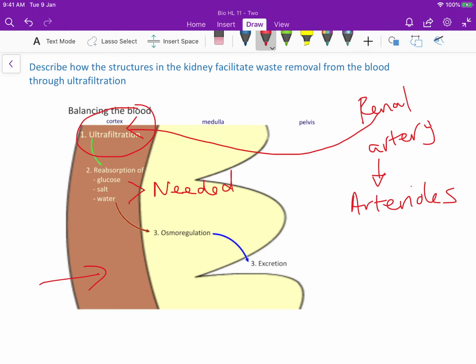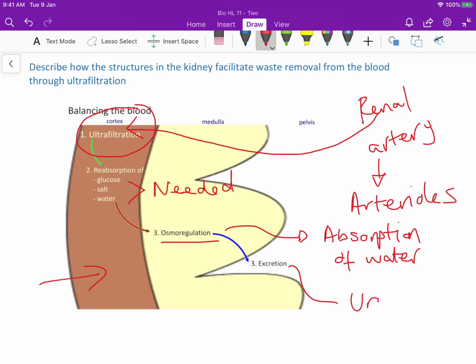In step 3, we're going down into the medulla, and this is where osmoregulation happens. This is basically the absorption of water, or further absorption of water. And then finally down in here in the pelvis, the white bit, that is where the real excretion takes place. That's where the urine is, and then that's going to pull together.